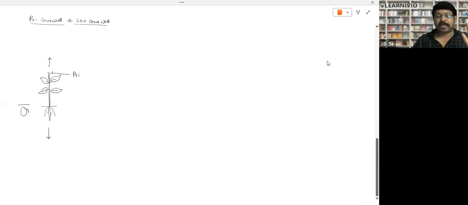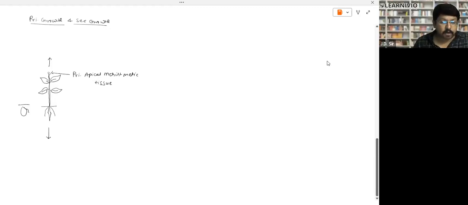By the way, this is the apical meristematic tissue. These primary apical meristematic tissues will increase the length of the plant.